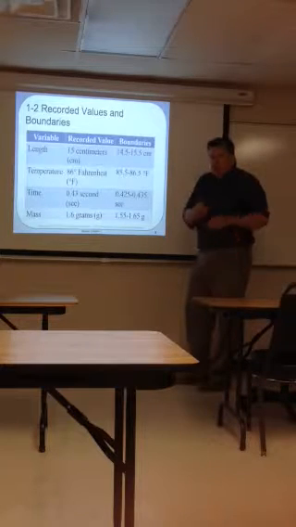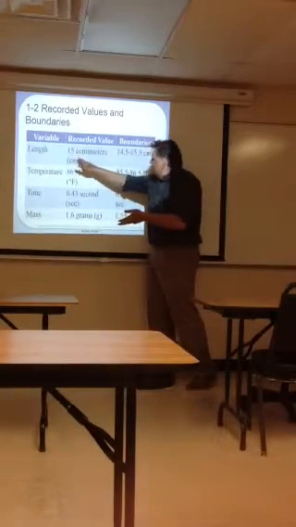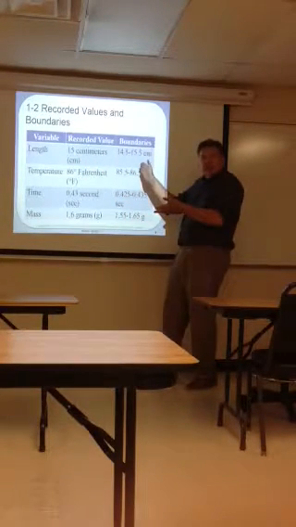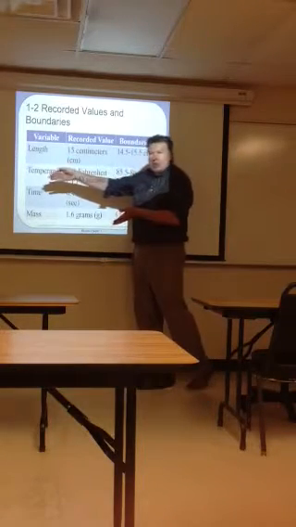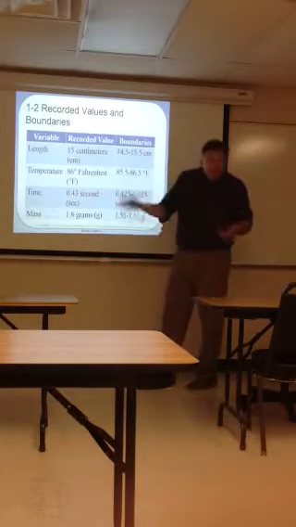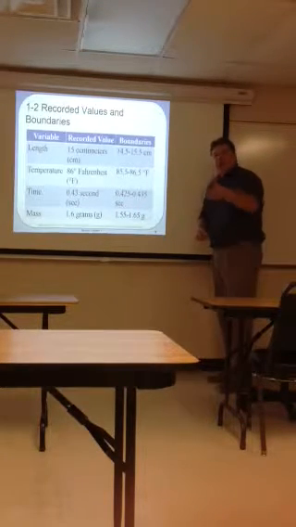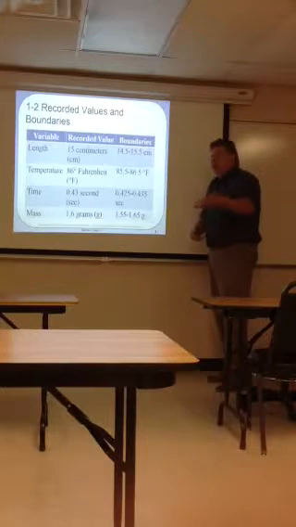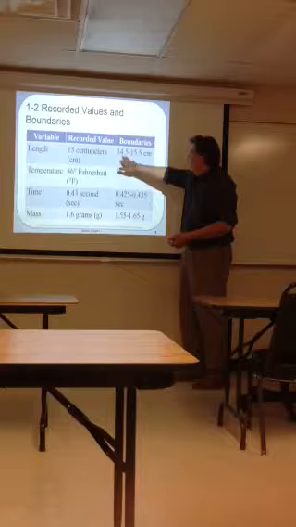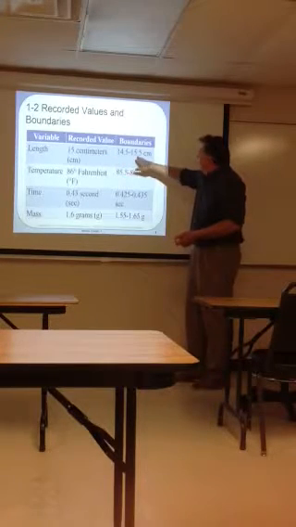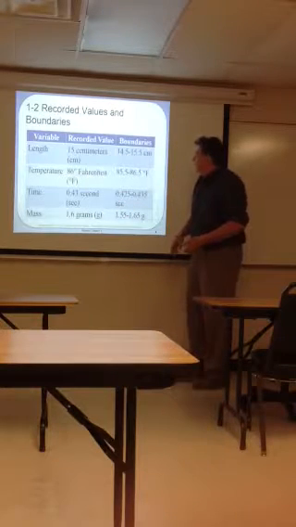So a boundary would be something like 15 centimeters, and then the next increment would probably be 16 centimeters. And if you go in the negative direction, you're going to go to 14 centimeters. So I need to have a boundary somewhere. Usually we put the boundary in between the two numbers. So in this particular case, we've got 14.5 to 15.5 as the boundary for this particular value.